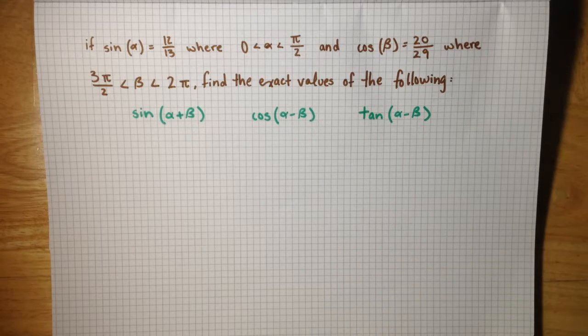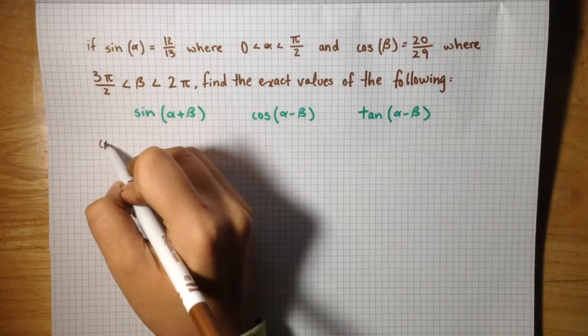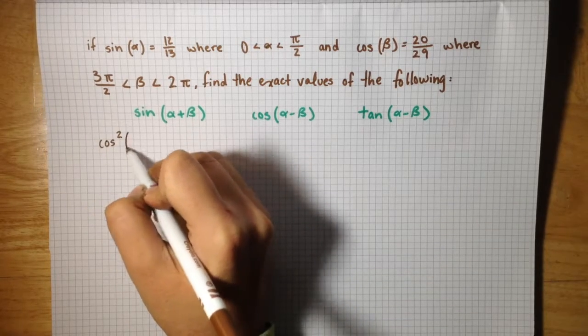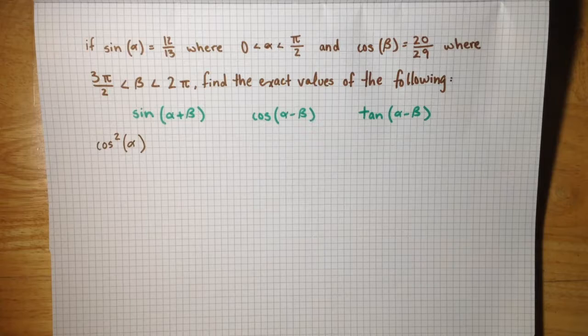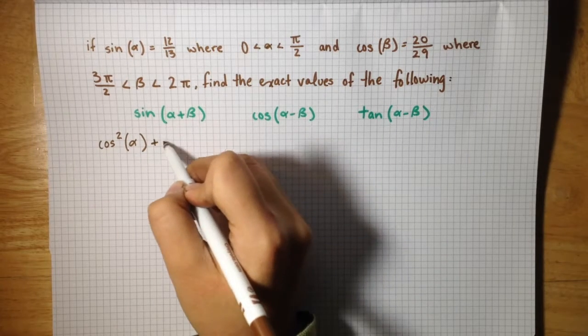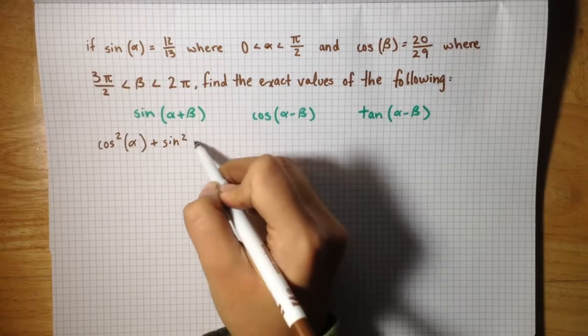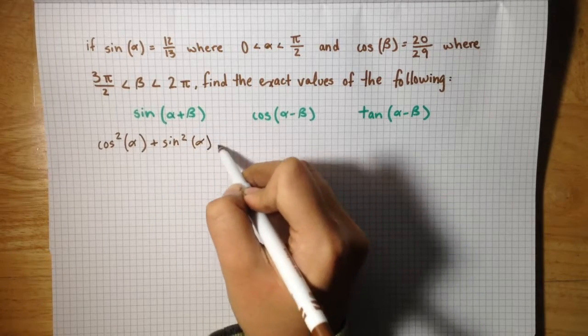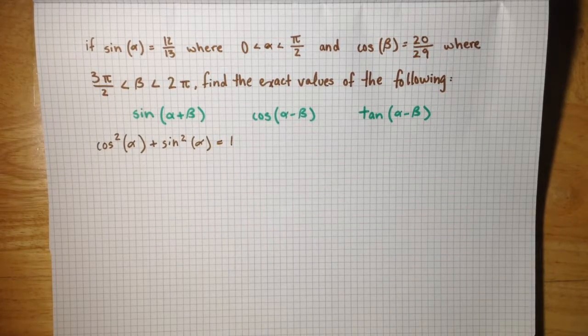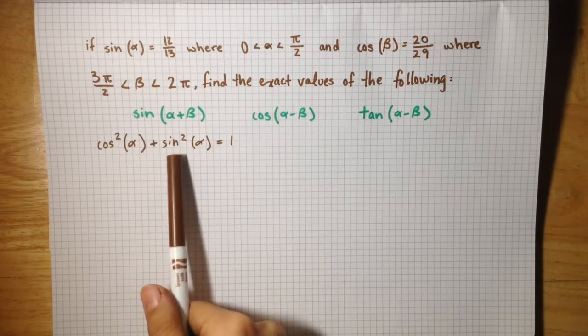To do this, I'm going to use the equation cosine squared alpha plus sine squared alpha equals 1. So we're trying to find this, but we already know this.